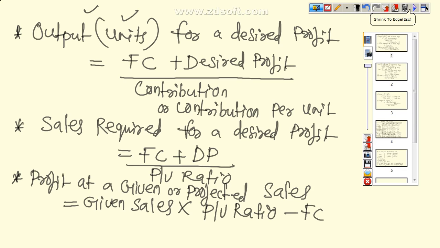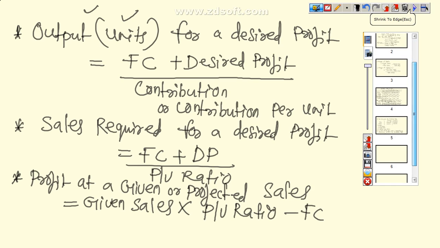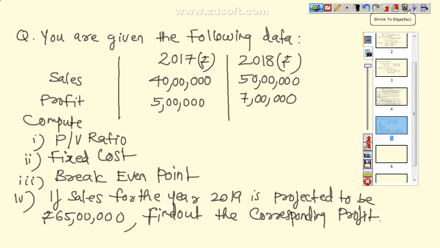Now let us solve some examples. These are the information given. So according to the question we have to apply the formulas. The information of two time periods is given, here it is 2017 and 2018.